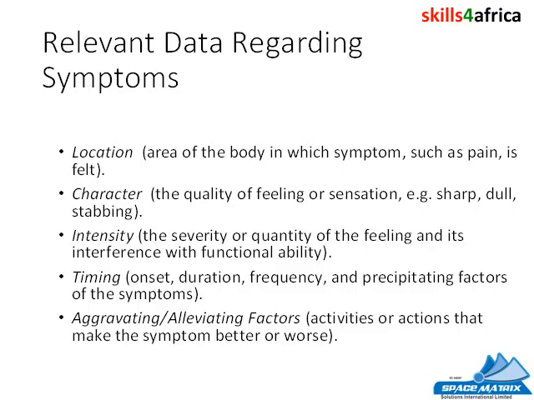Relevant data regarding symptoms: we've got to consider the location, the area of the body in which the symptom or pain is felt; character, the quality of that feeling, what it is like, sharp, dull, stabbing, etc.; the intensity, the severity or quantity of the feeling, and how it interferes with their functioning; timing; and the aggravating or alleviating factors, activities or actions that make the symptoms worse.